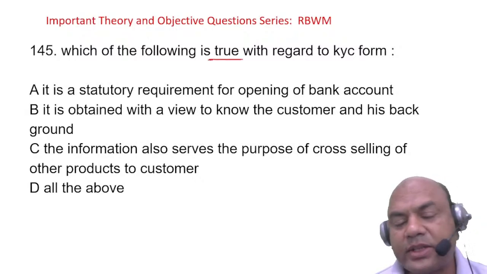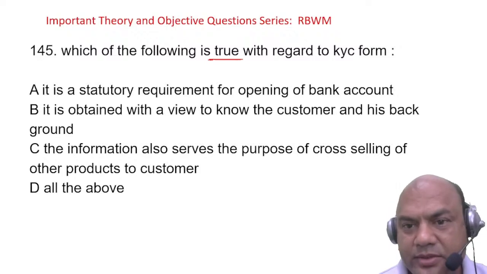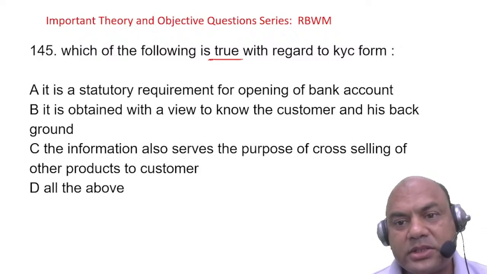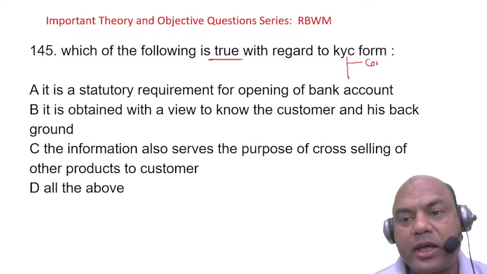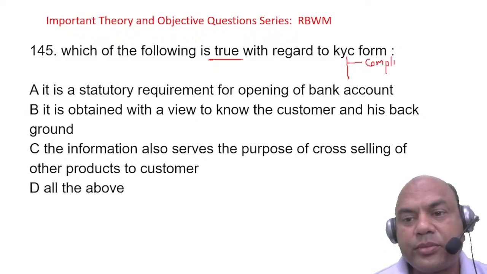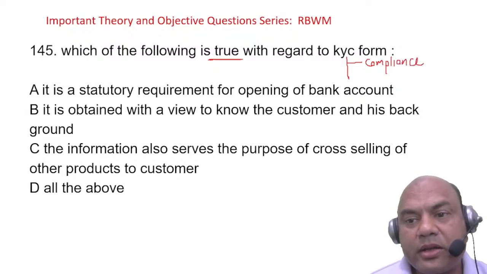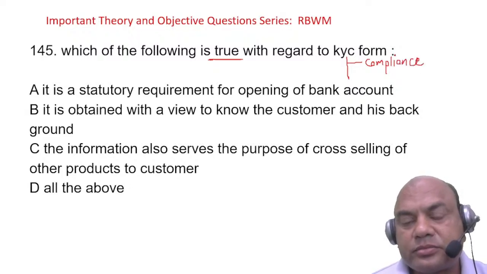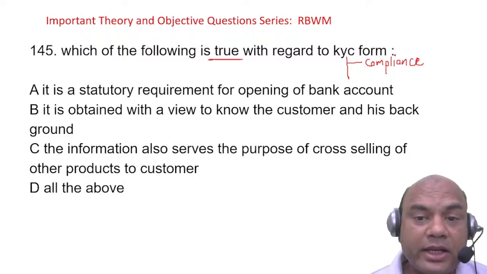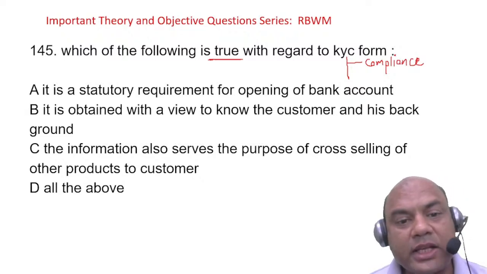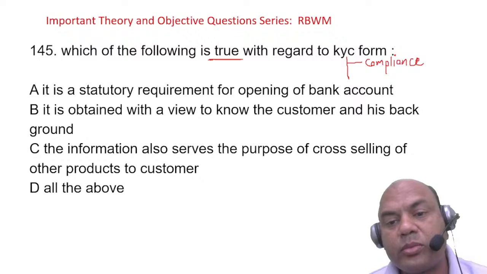So what is this KYC part? Main part is compliance. Means what is the use of KYC form? First is compliance. As per RBI's directives, you have to follow the compliance part, right? So that's why let's look from the compliance angle. It is statutory requirement for opening of the bank account.